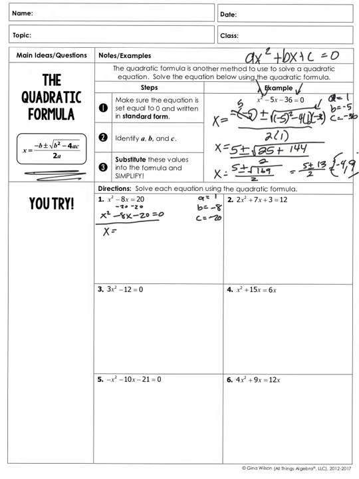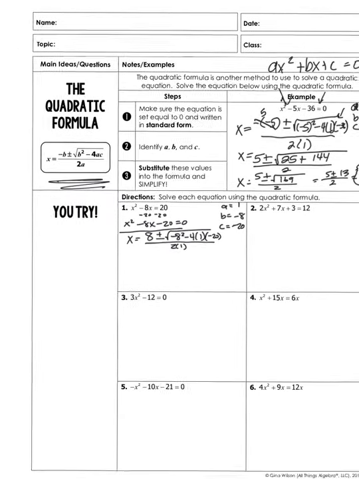x equals -b, so that's going to be +8. I'm going to go ahead and change those as I plug in today. That's going to be +8, plus or minus the square root of b squared, (-8) squared, minus 4 times 1 times -20, all over 2 times 1.